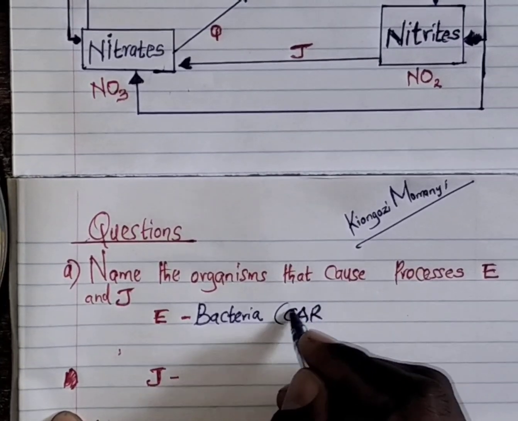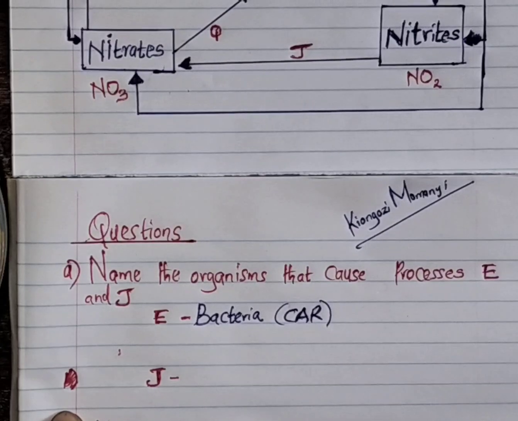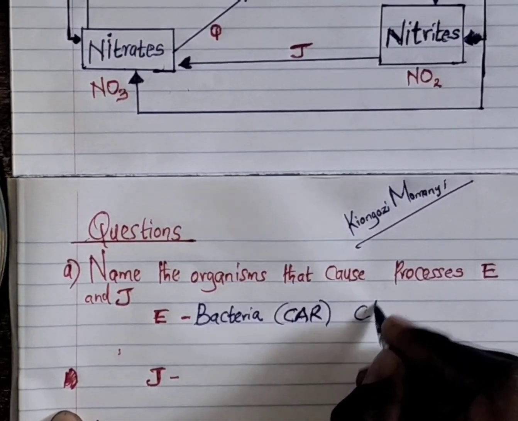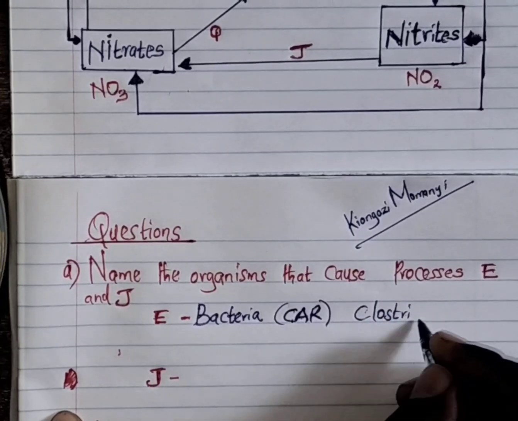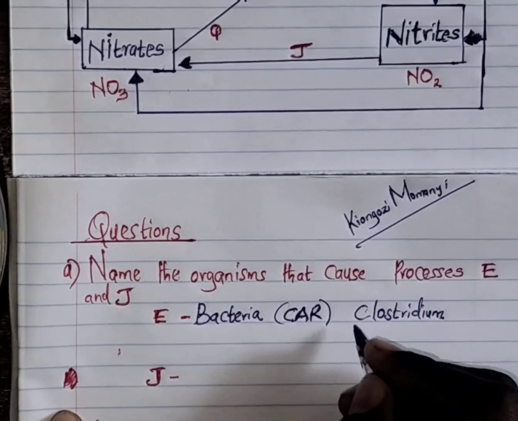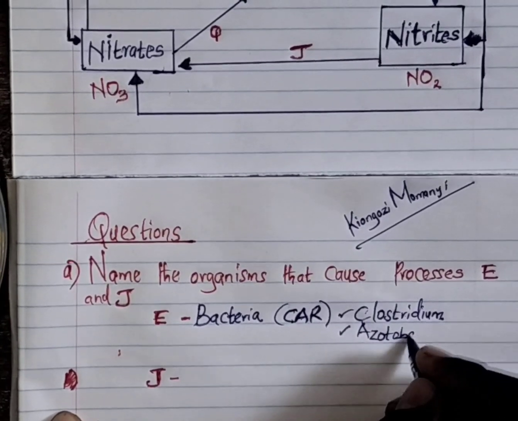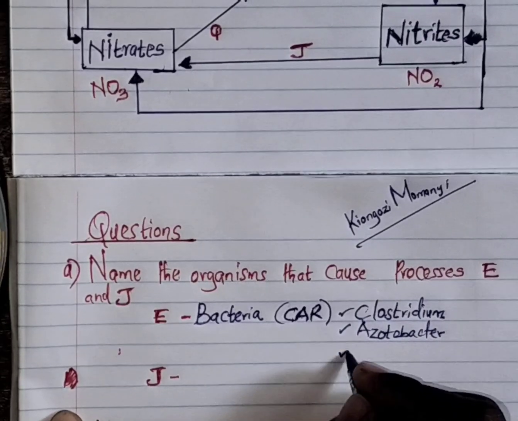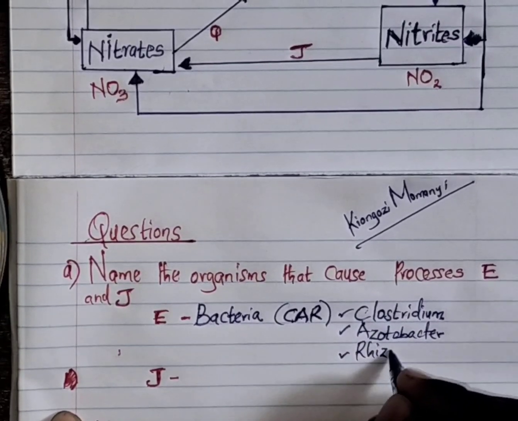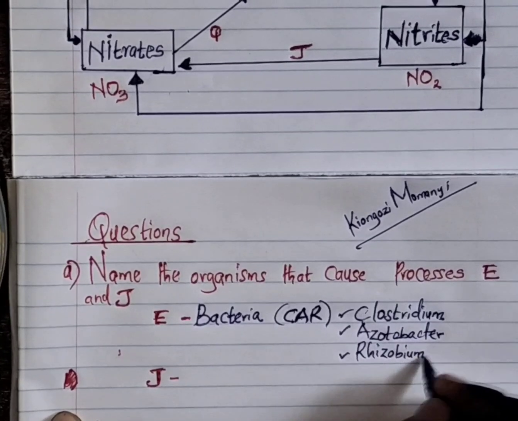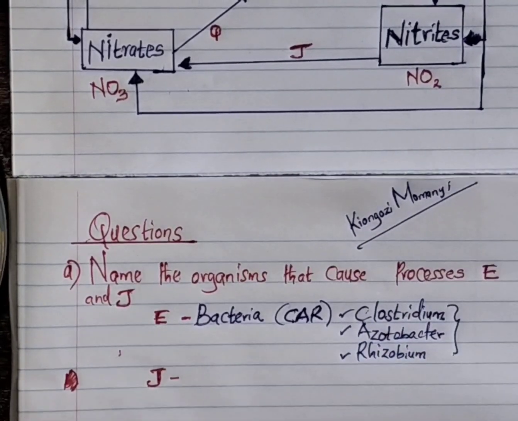The first one is C, stands for Clostridium. A stands for Azotobacter. And R stands for Rhizobium bacteria. So these are bacteria that are responsible in conversion of nitrogen from the atmosphere all the way to forming nitrates or nutrients in the soil.